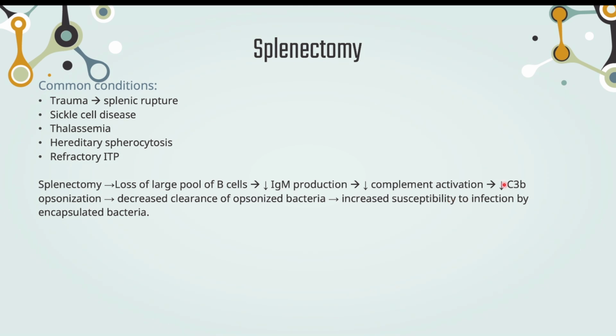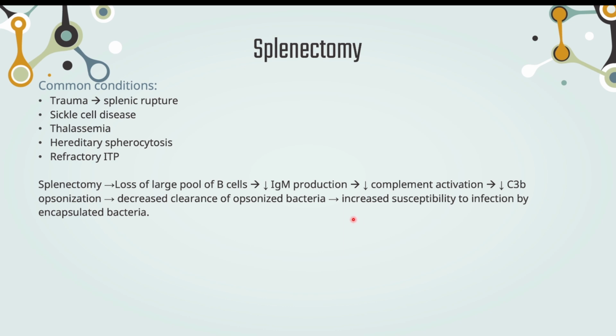Without complement activation, there won't be C3b opsonization, because remember, complement C3b is an opsonin. It tags abnormal cells and bacteria so that the macrophages and natural killer cells recognize them and can phagocytose them. So there is decreased clearance of opsonized bacteria because there's no opsonin, no C3b.